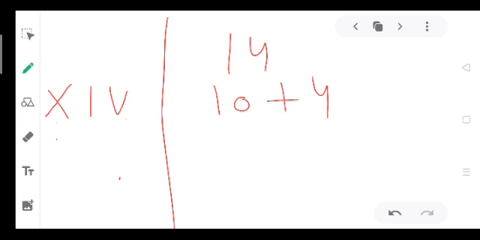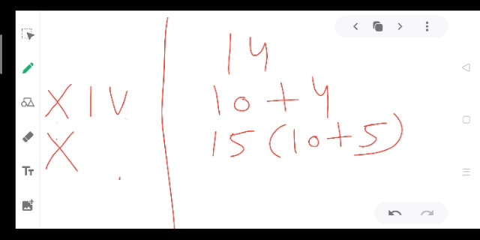Now for 15. How will we write 15? Firstly its expanded value, 10 plus 5. For 10 we have the symbol X, and for 5 we have V. So we write XV. 16. 10 plus 6.